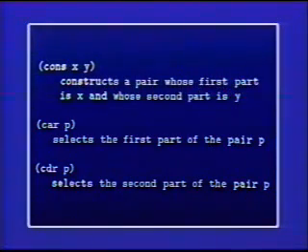The first part of the pair is x, and the second part is y. We also assume we have ways of getting things out. If you're given a pair P, there's a thing called car, and car of the pair P gives you the first part of P. There's a thing called cdr, and cdr of the pair P gives you the second part of P. So that's how we construct things.